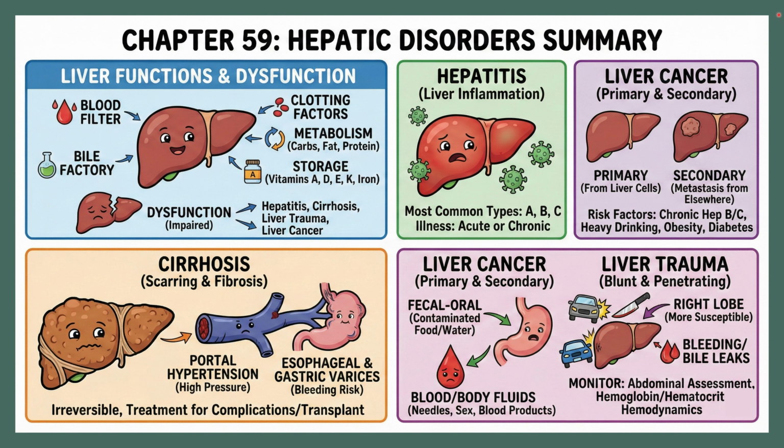In trauma, injuries to the liver can include laceration, concussion, hematomas, bile leaks, and bleeding, and it is important to serially monitor a patient with trauma to the abdomen for liver damage, which may not occur immediately after the traumatic event. Close abdominal assessment, serial hemoglobin and hematocrit values, and frequent hemodynamic monitoring are important.